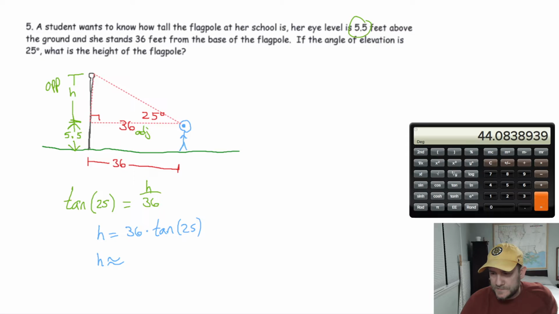So do our calculator. We want 36 times tangent of 25. So we go to 25 tangent, then we go equals, and I'm getting 16.79.